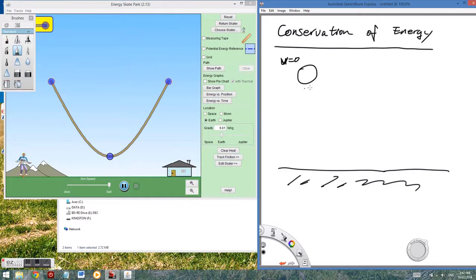Then if the ball drops halfway there, it will have a velocity of something, call it v1. Let me write it down this way.